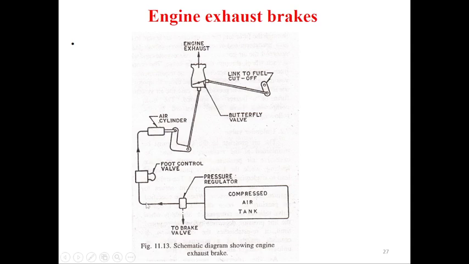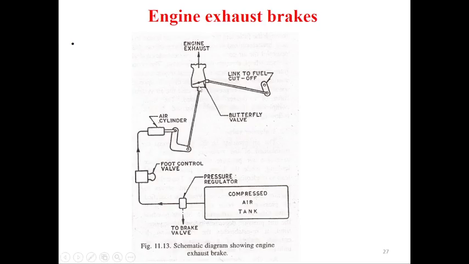The pressure regulator is connected to the foot control valve, which is connected to the air cylinder. This air cylinder is linked with the exhaust engine, which is linked to the fuel cutoff. This fuel cutoff is applied to generate the force for the exhaust.